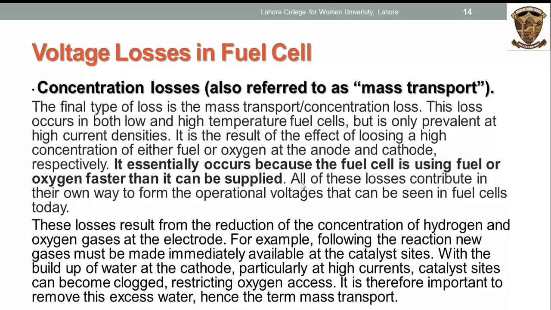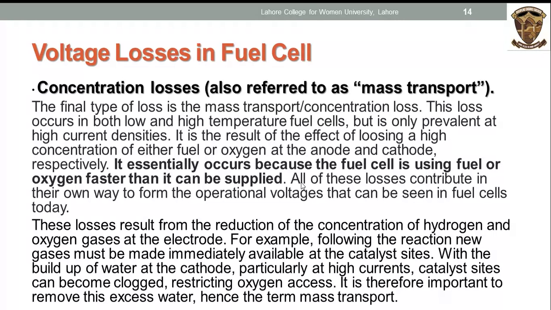So it essentially occurs because the fuel cell is using fuel or oxygen faster. The fuel cell is using fuel as well as oxygen at a faster rate for the chemical reaction for the production of water, and their supply is lower or slower as compared to the chemical reaction that is going to take place in the fuel cell.